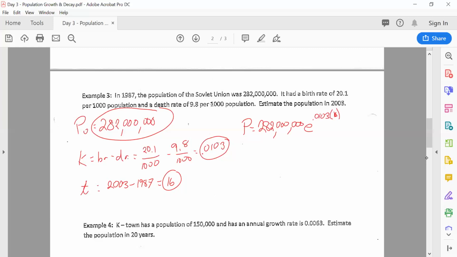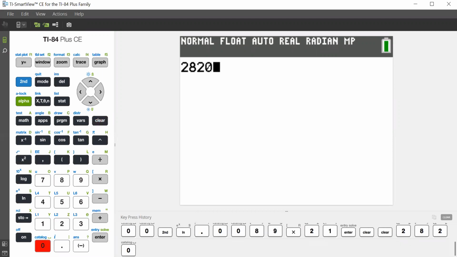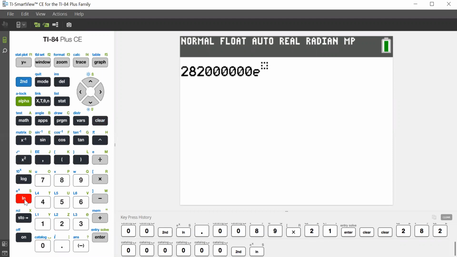I will go to my calculator one more time just to reiterate how this is done. Okay, in case you need a little extra help, let me clear all this out. Okay, so it's going to be 282 million people. And then I need to hit E, so I have to hit second, and then E to the X. And then I hit 0.0103 times 16.